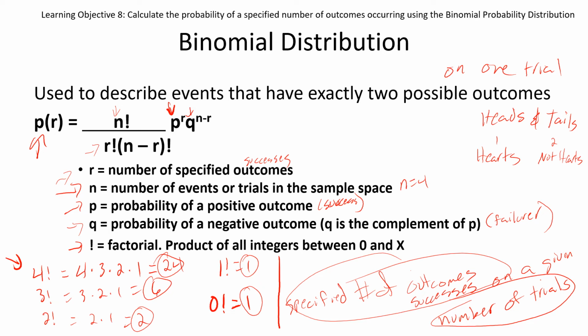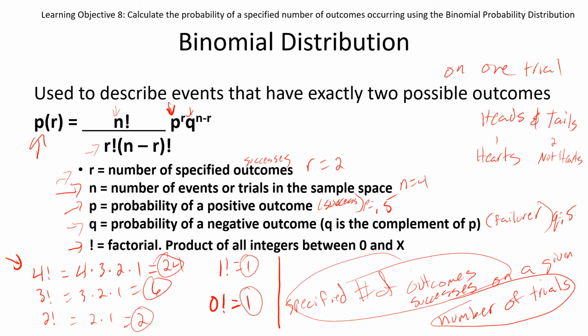Our specified number of outcomes, R, is going to be equal to 2 because we're looking at 2 outcomes. What's the probability of a success? Well, the probability of getting a heads is 0.5. What's the probability of a failure? Well, the probability of a tails is 0.5. So P is equal to 0.5. Q is equal to 0.5.